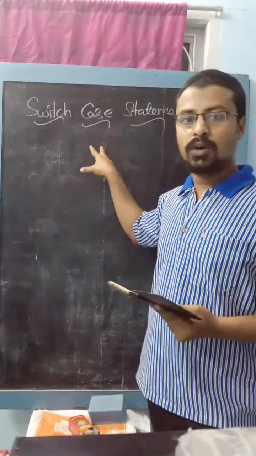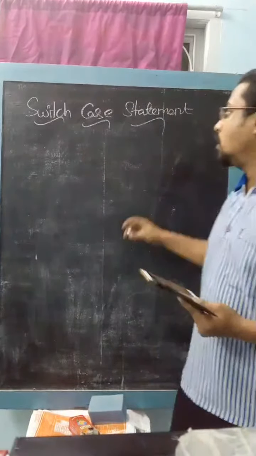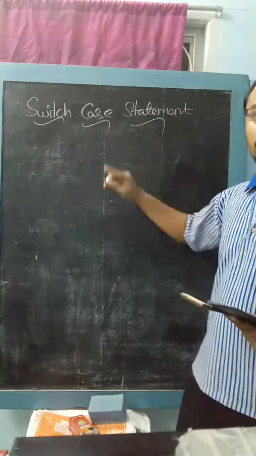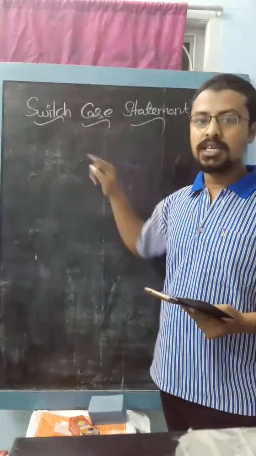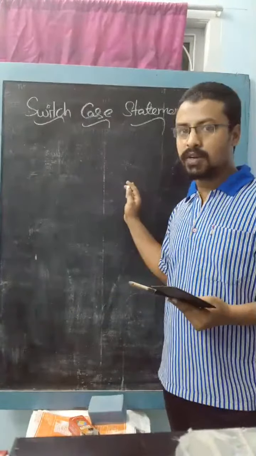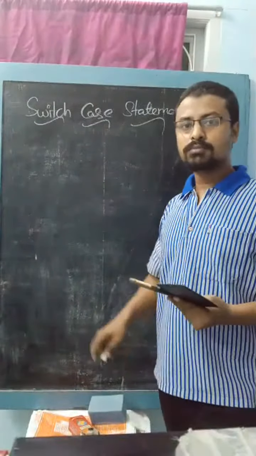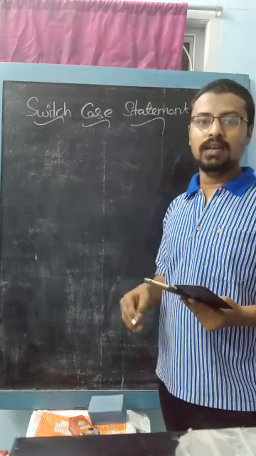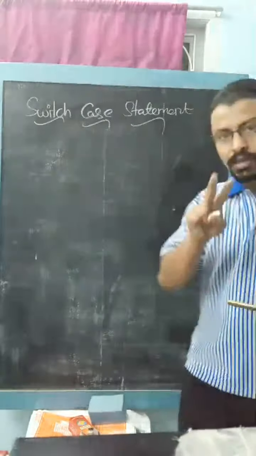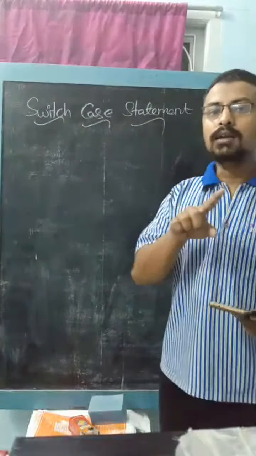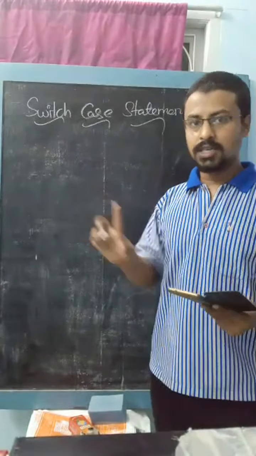And there are some differences between nested if and switch case statement, and between switch case statement and else if ladder. I am just simply saying two points, one for else if ladder and another one for switch case statement.